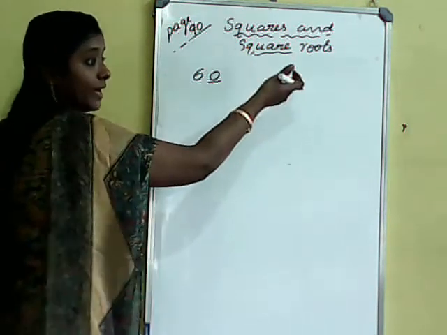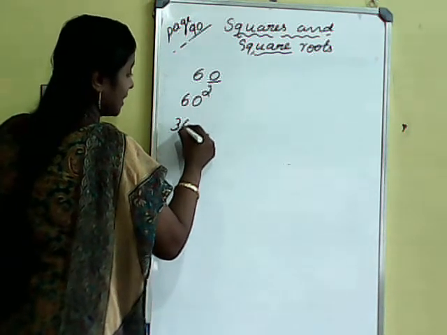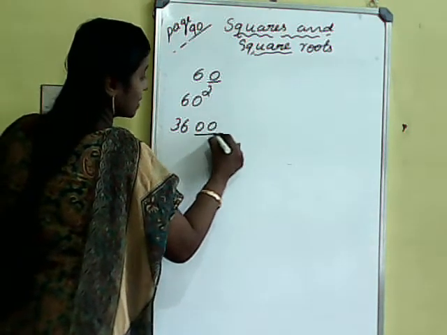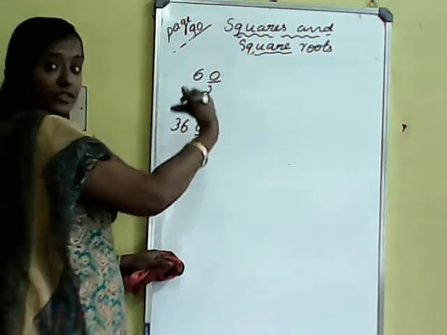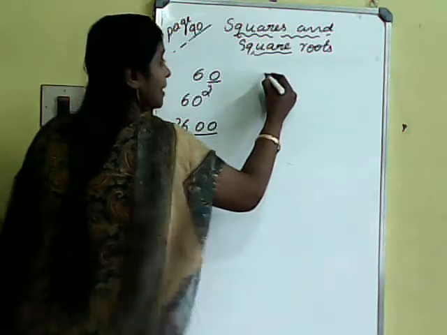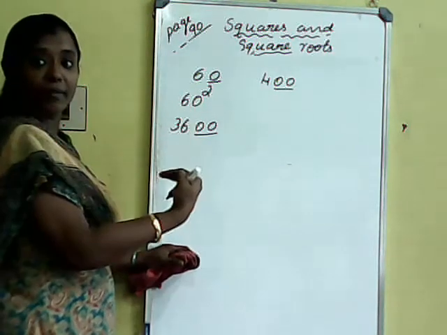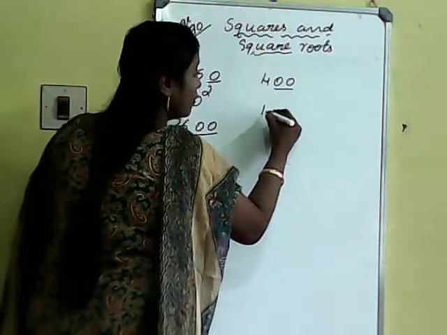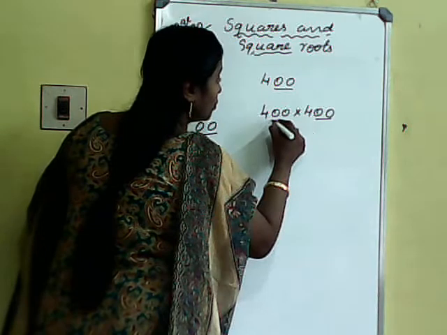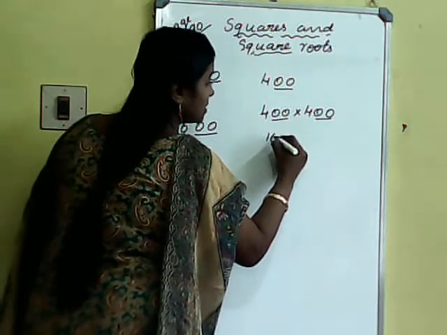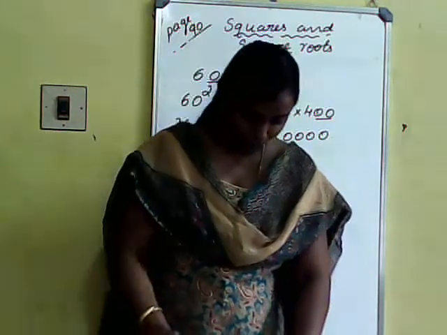What about its square? 60 square means 6 sixes are 36 and 2 zeros are there. One zero in the number, what about its square? 2 zeros are there. Next one, 400. Already here it is 2 zeros. So its square has 4 zeros. Okay. 400 into 400, 2 zeros and 2 zeros. Okay, that is our problems.